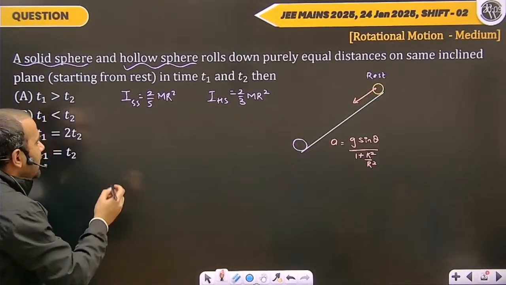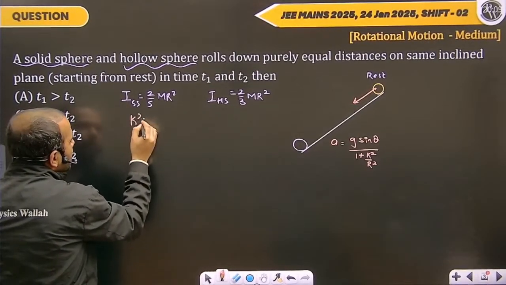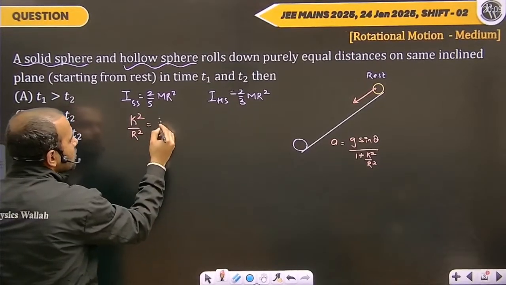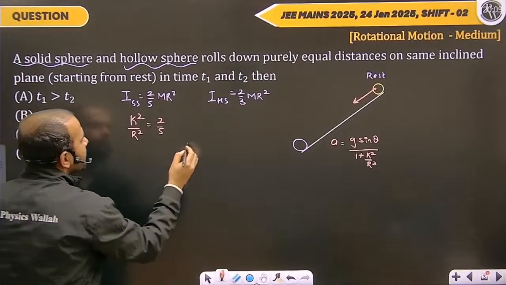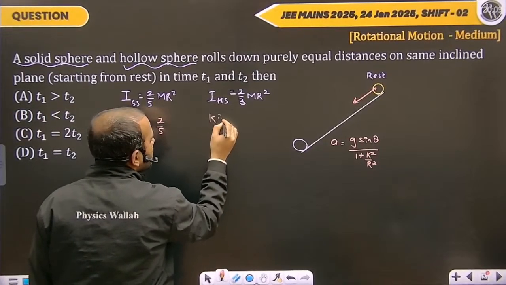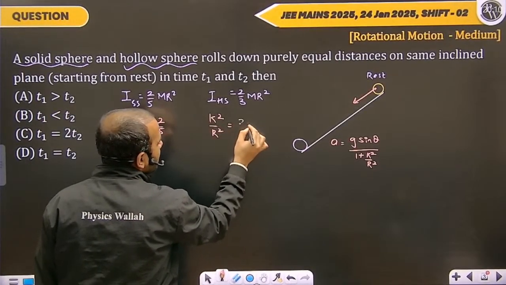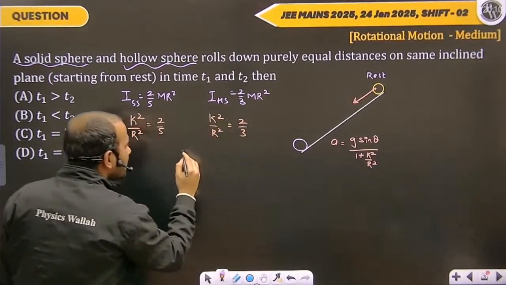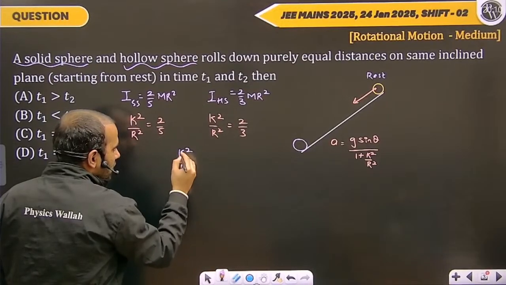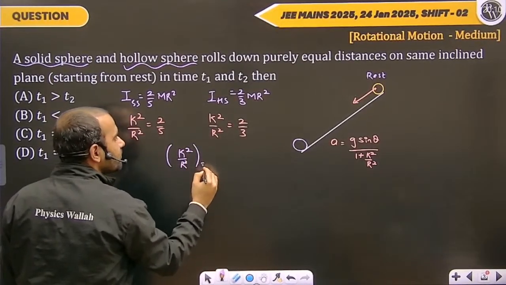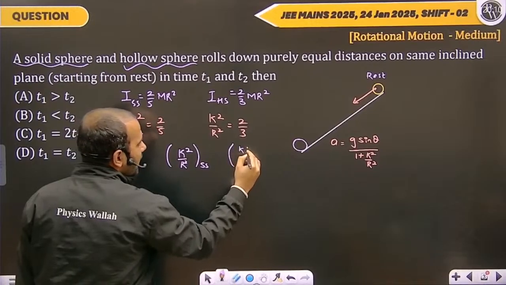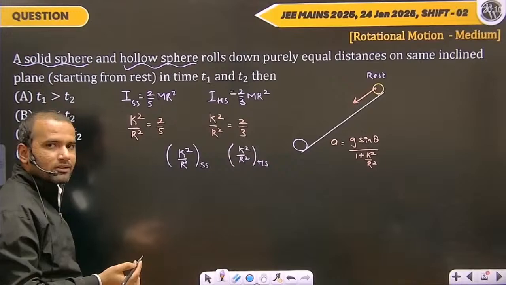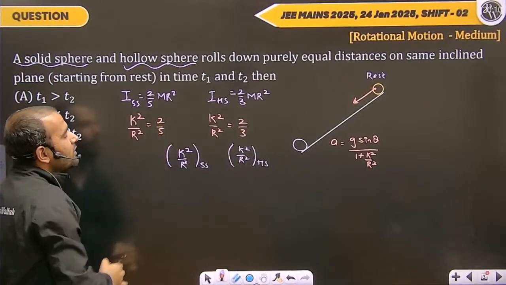So if we take the k square by r square ratio of both spheres, this is 2 by 5 for the solid sphere, and for the hollow sphere the k square by r square ratio will be 2 by 3. We all know that 2 by 3 is 0.66 and 2 by 5 is 0.4.